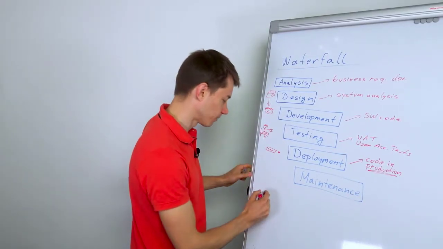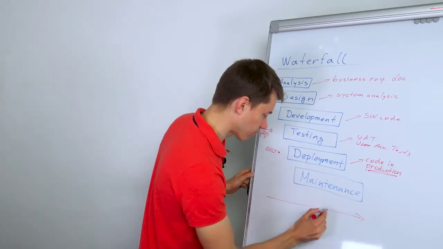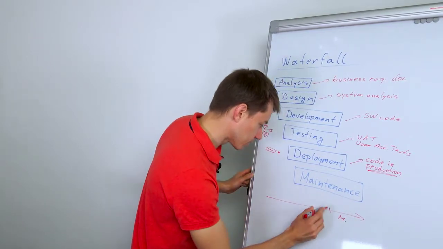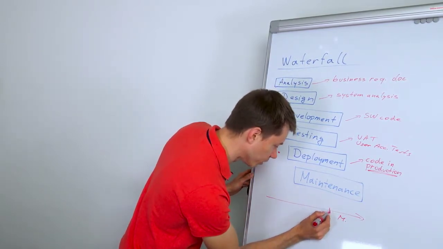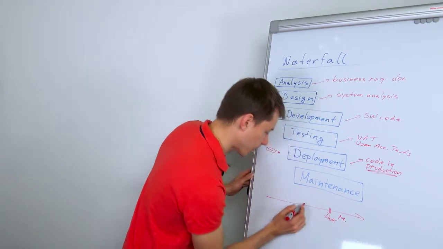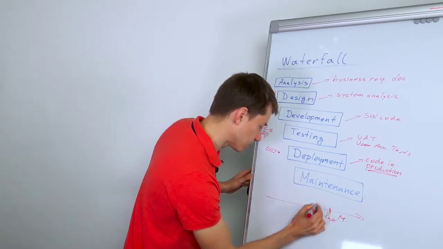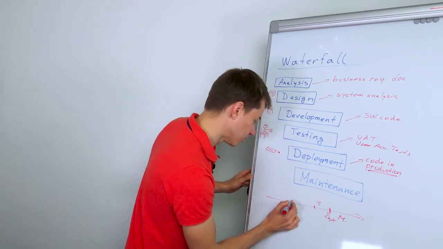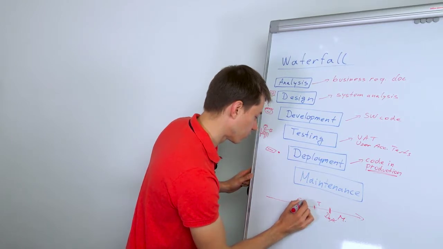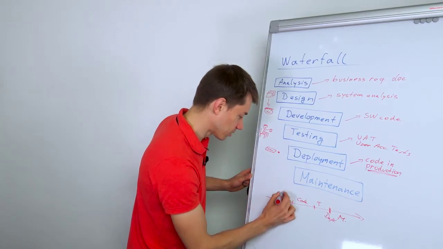So if I would demonstrate it on a timeline, then here we have maintenance. Somewhere here we deploy it. So this would be deployment, and here we test it. So this is testing. Here we code, and we design.